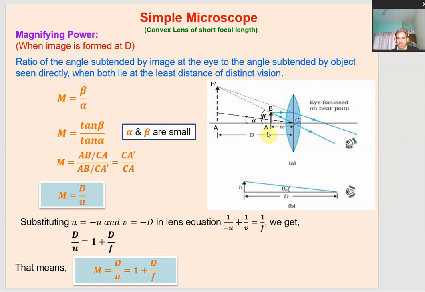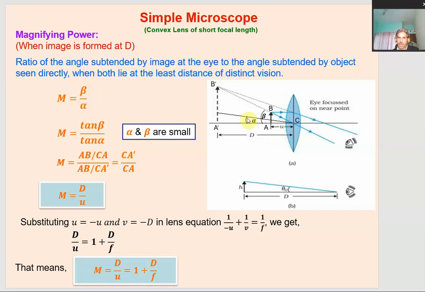For general notation, the angle made by the image we take as beta, and the angle made by the object we take as alpha in all our discussions. So the magnification or magnifying power is beta upon alpha, the angle made by the image to the angle made by the object when both lie at the least distance of distinct vision.